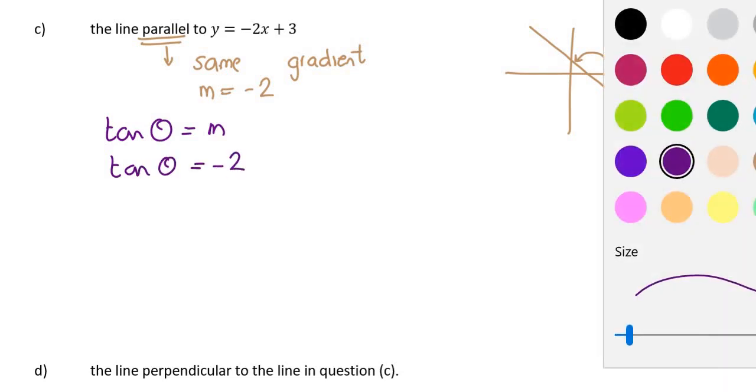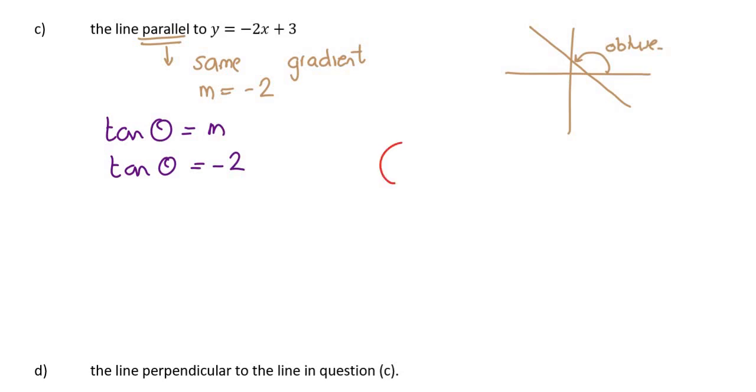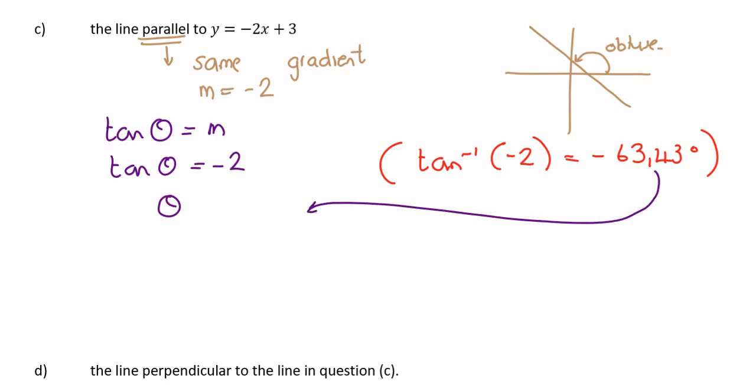If I go to my calculator and I push shift tan, I will get tan to the minus 1 of negative 2. And when you do that, guess what? You get a negative angle. I get negative 63,43 degrees, which is not what I want. So this is exactly what we just discussed. How do I go to the right answer?